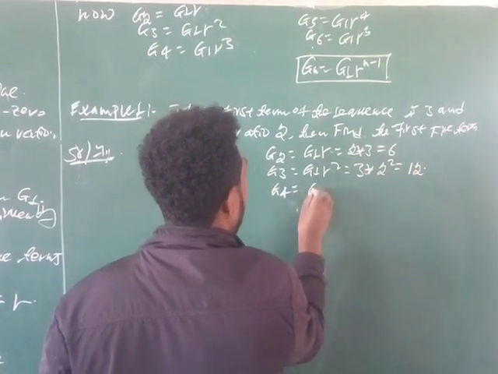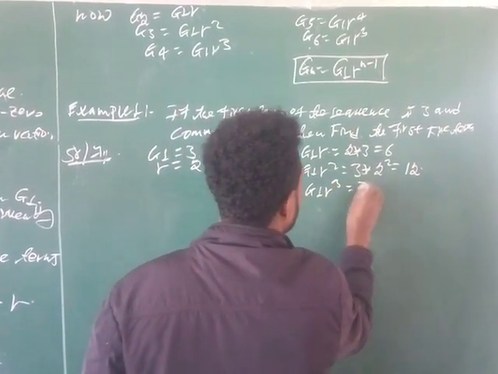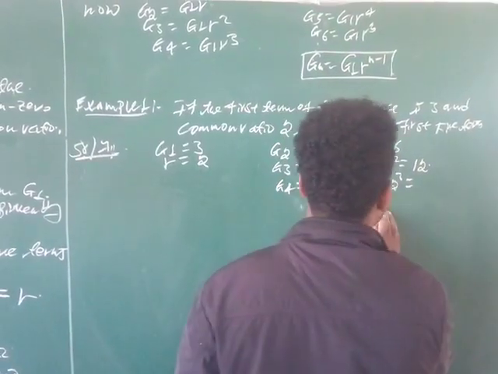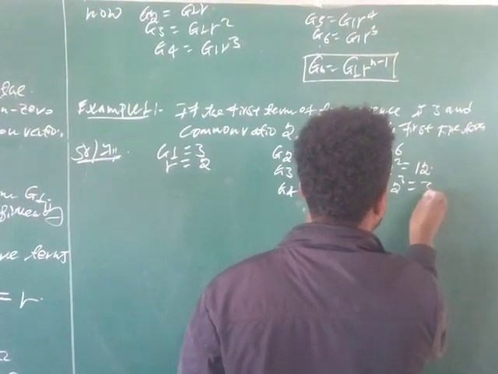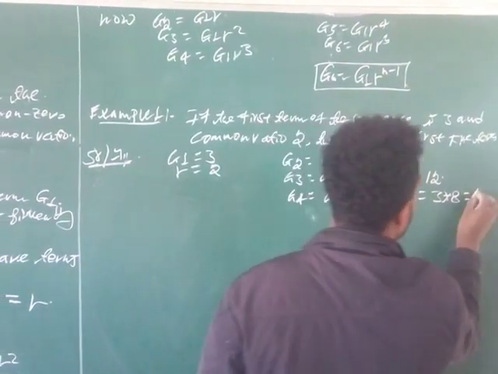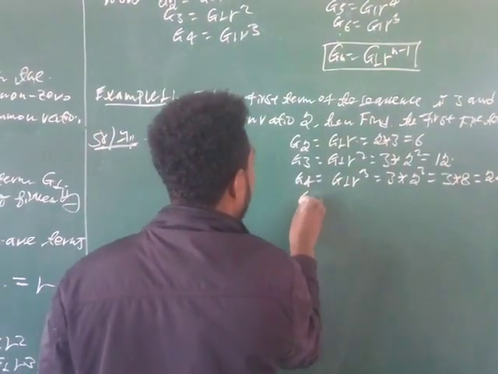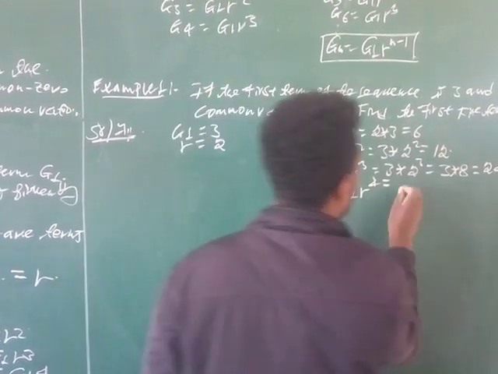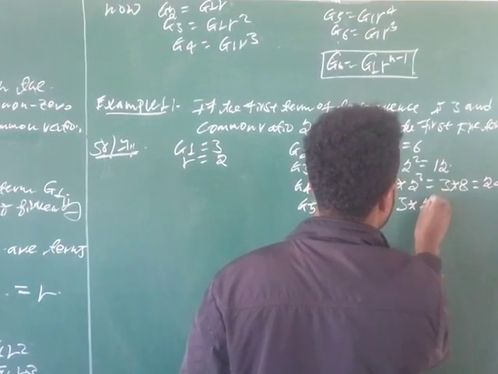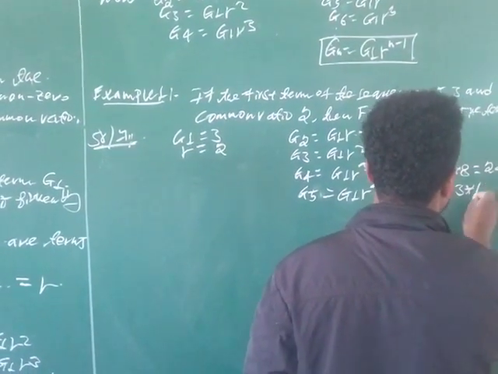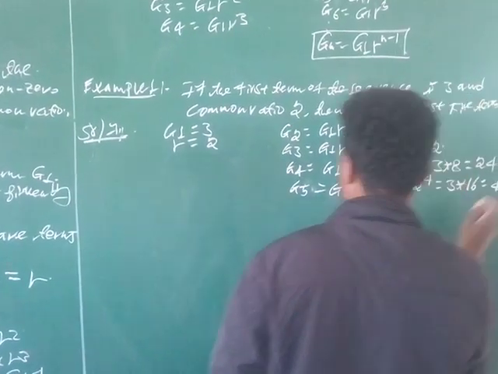g4 is from the formula g1 r cubed. So 3 times 2 cubed, so we have 3 times 8, we have 24. g5, g1 r to the 4, 3 times 2 to the power 4. So this one is equal to 3 times 16, which is 48.